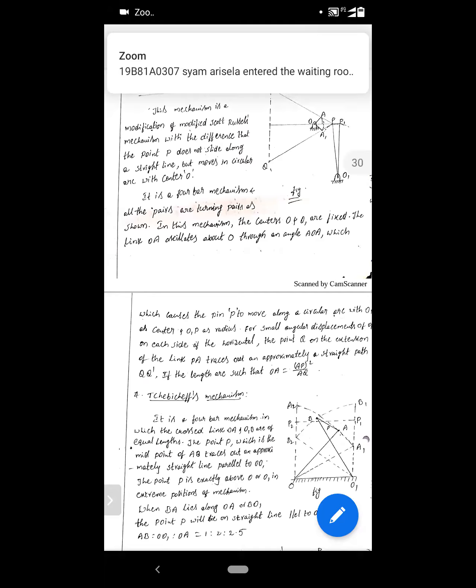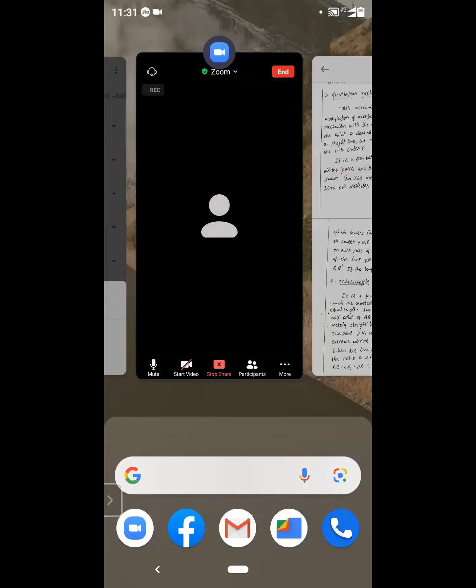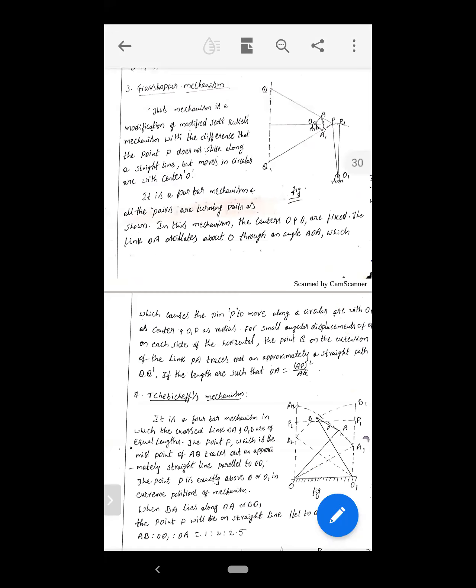Now, what motion is to be achieved here? Again, straight line motion is to be achieved here, that is Q to Q dash.